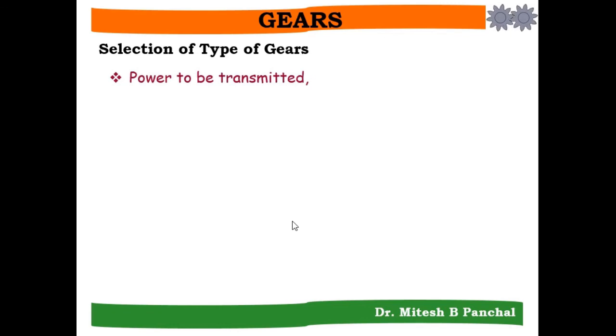For high power transmission and high speed transmission with quiet operation or smoother operation, of course, we have already discussed that the helical gears are used. Next, we have the input speed, and at the last, the cost. Cost is the ultimate criteria to have the proper selection of the gear with more efficiency.